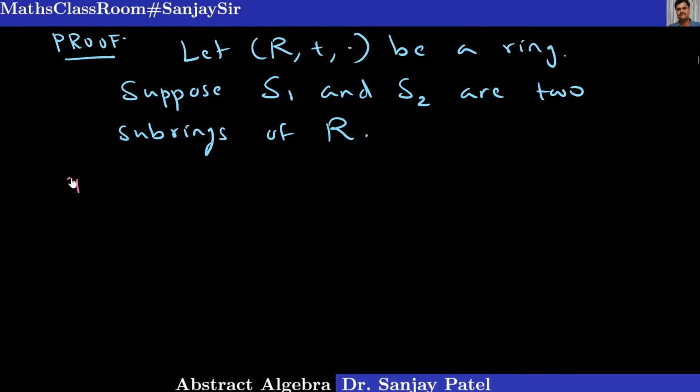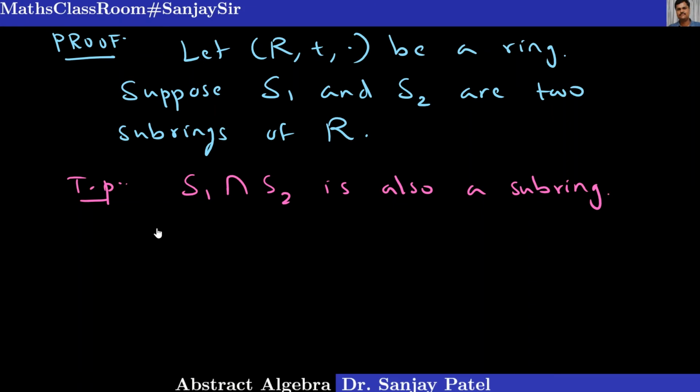So our aim is to prove S1 intersection S2 is also a subring. So we must show that it is a non-empty set and it satisfies the two conditions which we have proved in our necessary and sufficient condition for a subring.